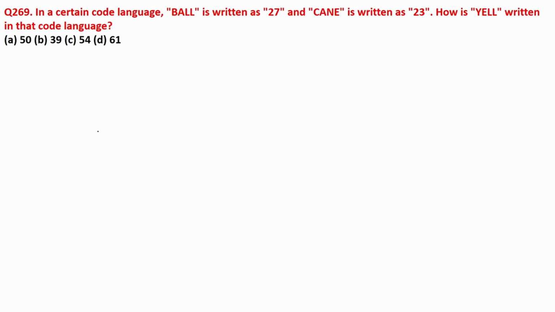Now see, another question related to coding and decoding. In a certain code language, BAL is written as 27, CANE is written as 23. Then how is YELL written in that code language? Now see, BAL means you already know the sum of the alphabet positions.